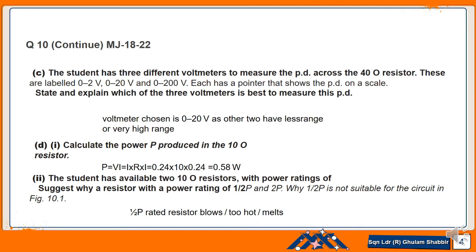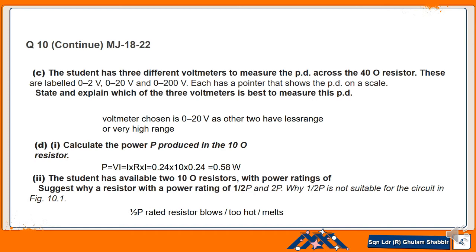As we know, the potential difference across the 40 ohm resistor is 9.6 volt. So we only need a voltmeter which can go up to about 10 volt or whatever the available maximum value, and the minimum should be 0.